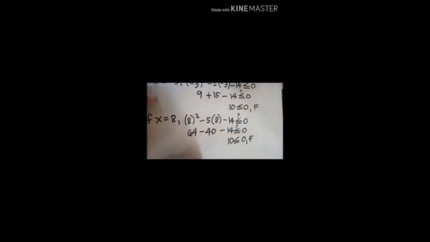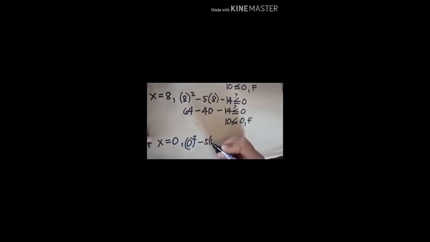Then, let us use our third test point, if x is equal to 0. So, we have 0 squared minus 5 times 0 minus 14.